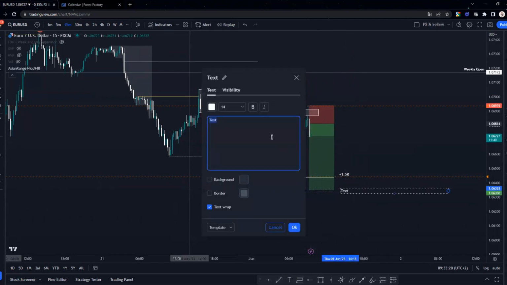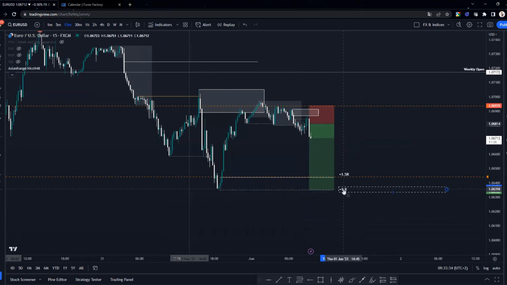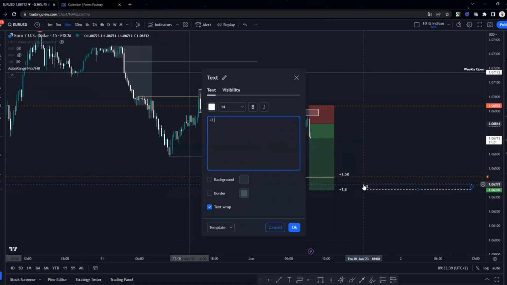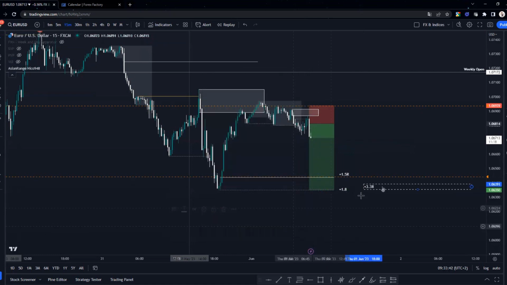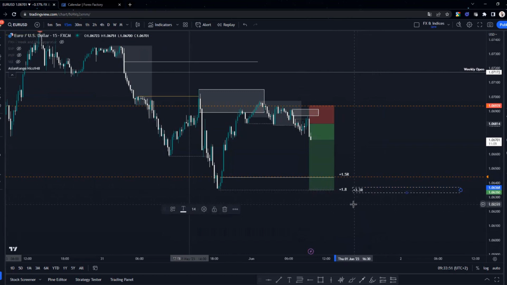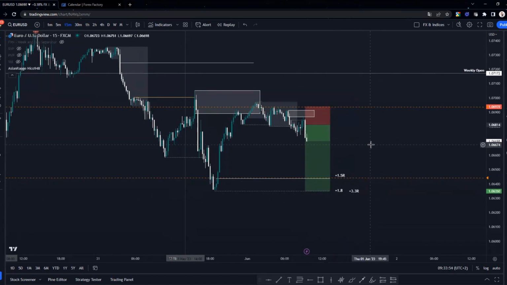So this should be plus 1.8, for a total of around 3.3 R. So if price goes to target, considering the partial, we'll have a total of 3.3 R win. So let's see how this plays out.